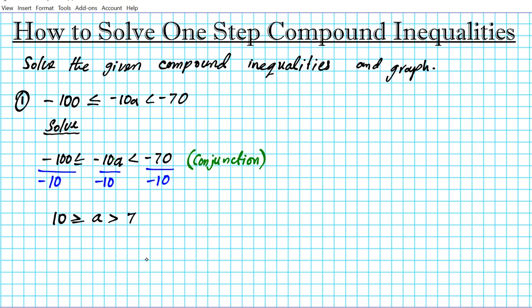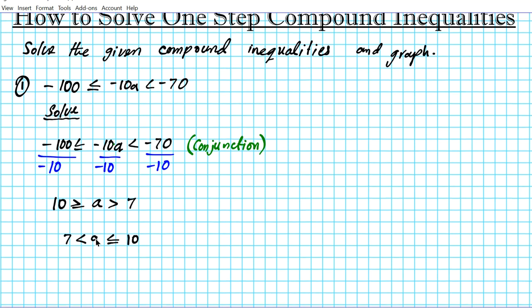We want to write it from least to greatest, that's the standard form for writing inequalities. So we're going to have 7 is less than a, and that's less than or equal to 10. What I just did is reverse the order of the numbers, which results in reversing the inequalities too. Alrighty, so this is the solution to the inequality.